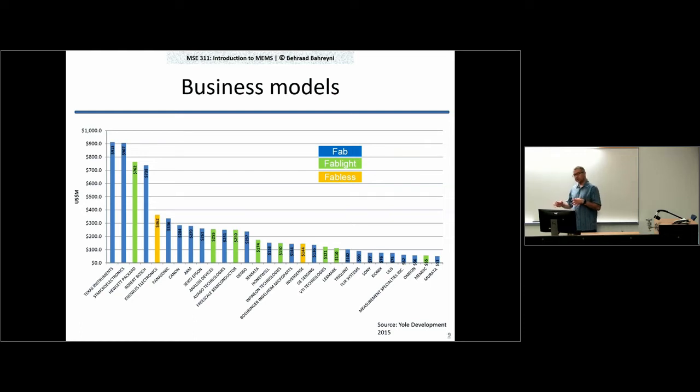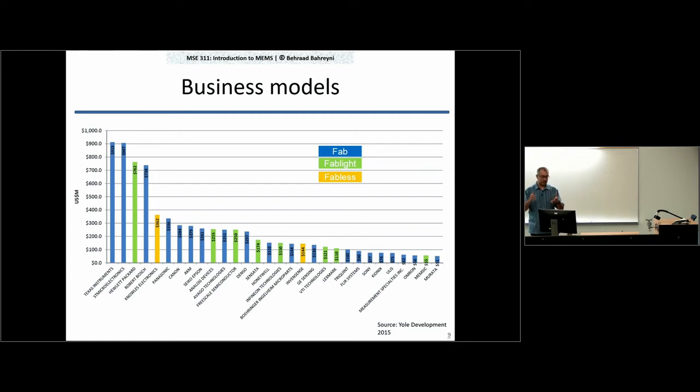A good number of the remaining companies are called fab light. What they do is rely on an external service provider to do most of the fabrication for them, but there are a couple of specialized processes or process steps that they have to do in-house for different reasons. Sometimes it is because the external provider doesn't want to do it or cannot do it, and sometimes it is because you want to keep it a secret to yourself.